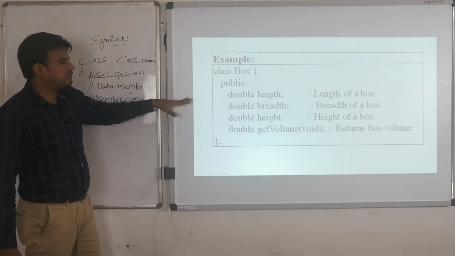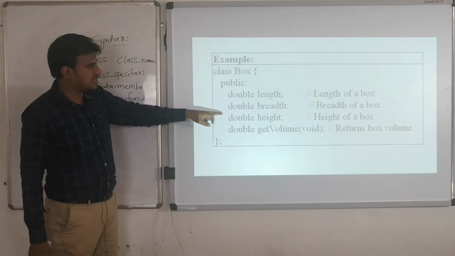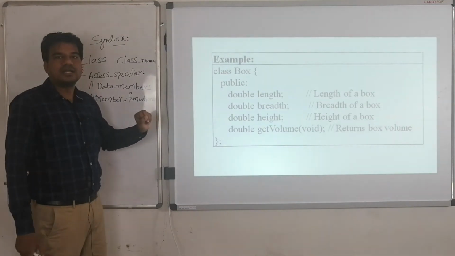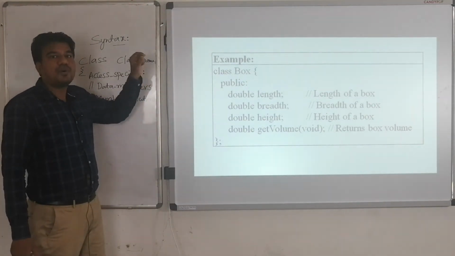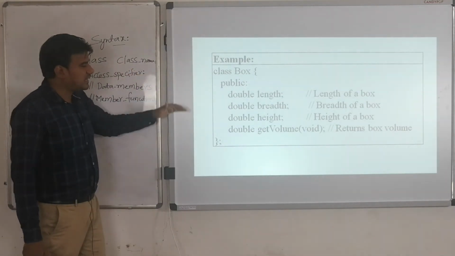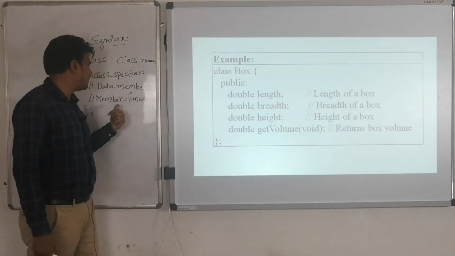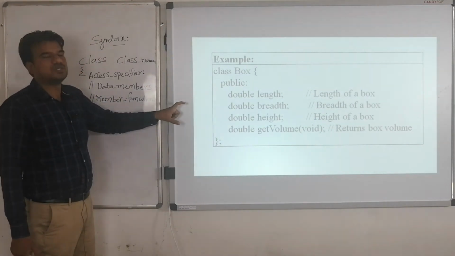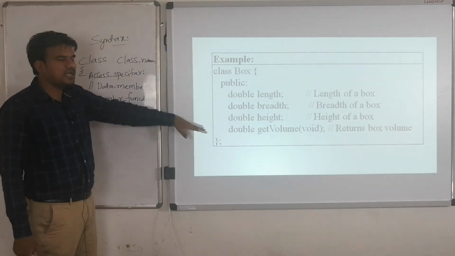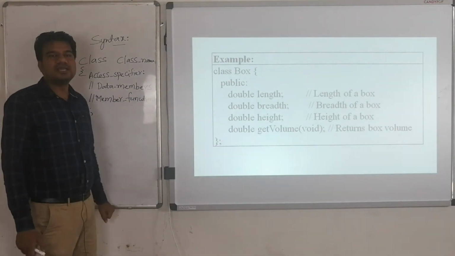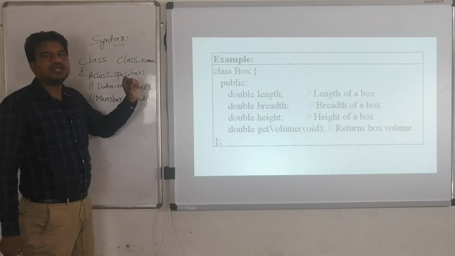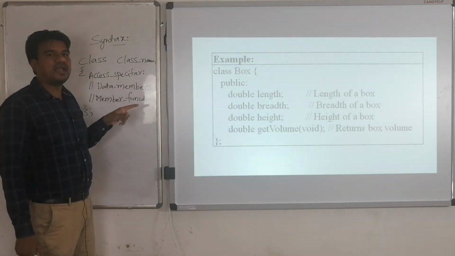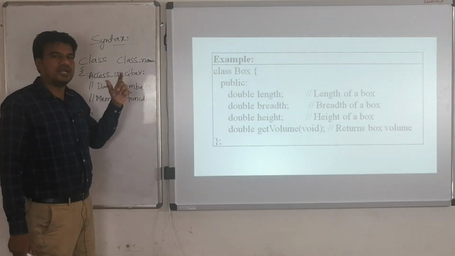After that, the data members: length, breadth and height are your data members because they specify the properties of your box. Then getVolume is your member function. All these things we keep inside a class, so it encapsulates your data members and member functions as a single unit. We'll get into programming, and there we'll see in detail how we are going to use this class in your program.